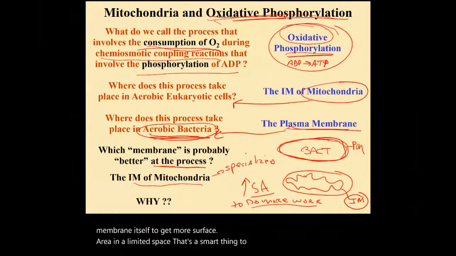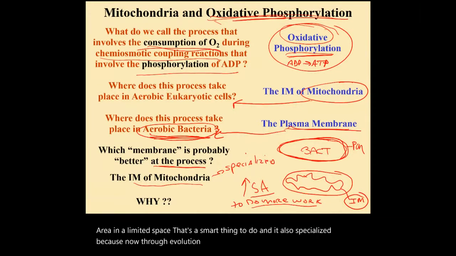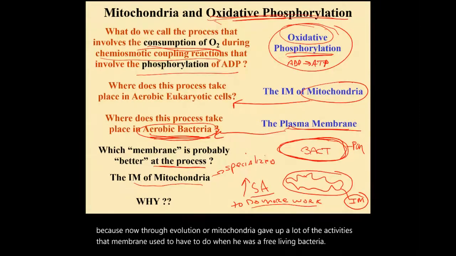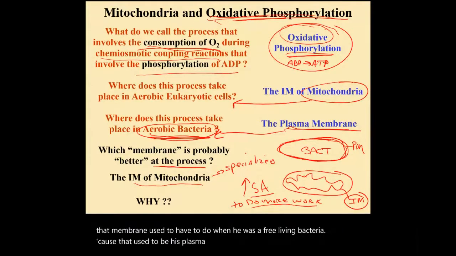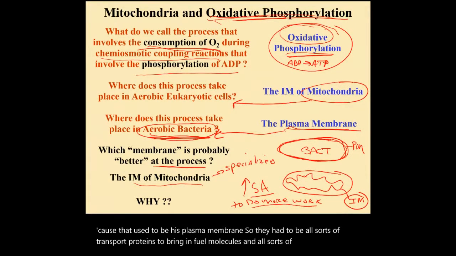And it also specialized because now, through evolution, our mitochondria gave up a lot of the activities that membrane used to have to do when it was a free-living bacteria. Well, that used to be its plasma membrane. So there had to be all sorts of transport proteins to bring in fuel molecules and all sorts of things that plasma membrane had to do.